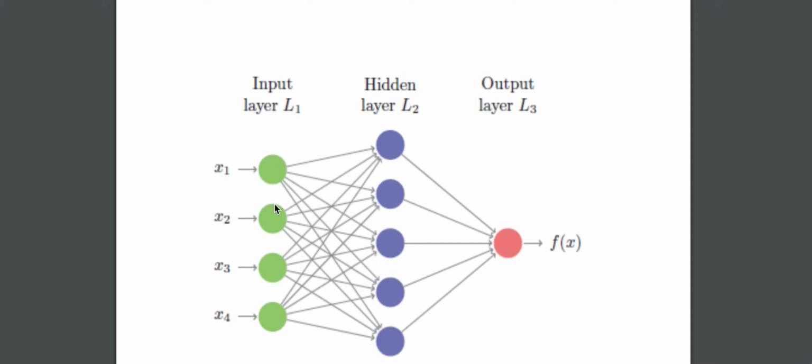So x1, x2, x3, x4 are transformed through an inner product with some weight, and they go into this node, and then this node applies a function. It can be a linear function, it can be a nonlinear function, and typically it's nonlinear.